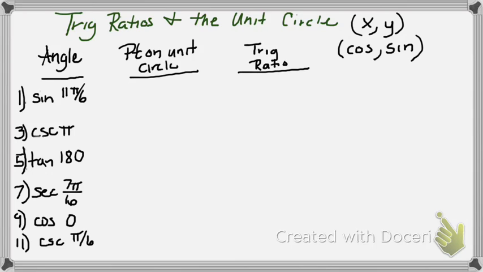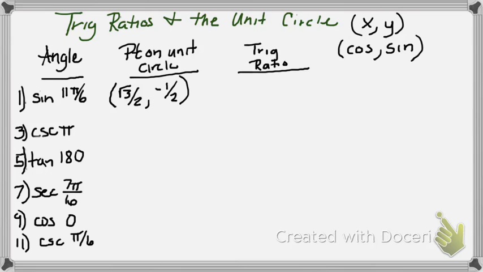All right, so the first thing you have, like in number 1, you have sine of 11 pi over 6. So what you want to do is look on your unit circle and find 11 pi over 6. 11 pi over 6 happens to be, the point on the unit circle happens to be the square root of 3 over 2, negative 1/2.